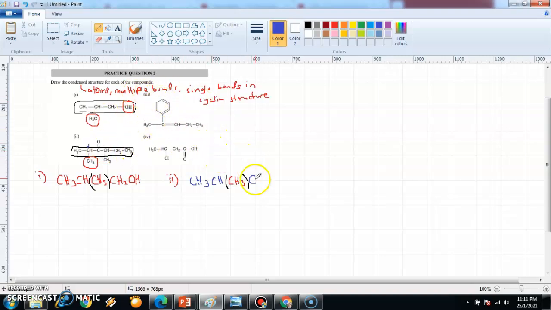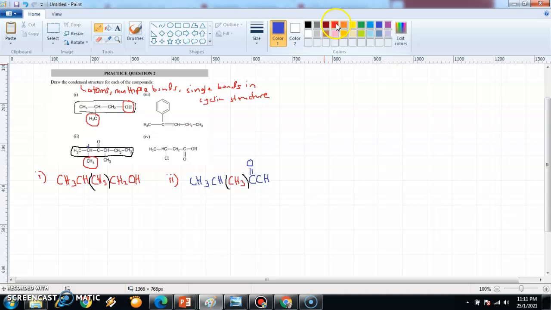In a condensed structure we do not show single bonds, only double bonds. So we draw a double bond with oxygen. This carbon now has 4 bonds: 2 single bonds and 1 double bond with oxygen. Next, move to the fourth carbon, C with 1 hydrogen.